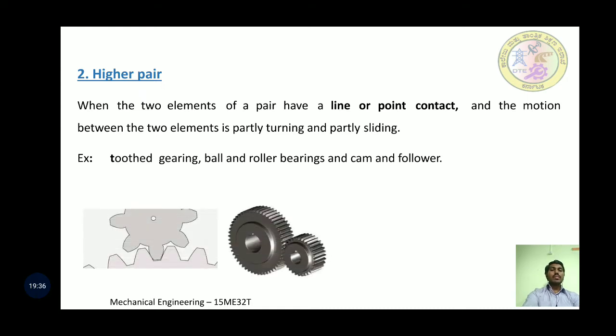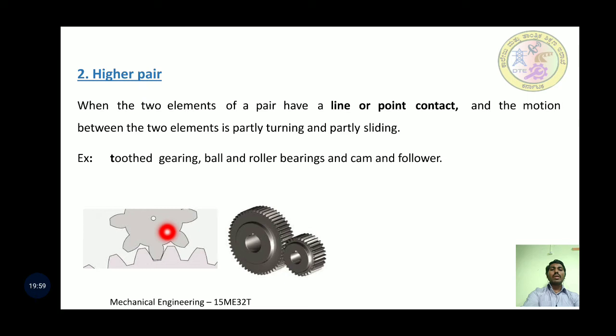Toothed gearing. Consider gears which mesh together. This is one gear, this is another gear. So it's a point contact. As one gear rotates, the other gear rotates in the opposite direction.